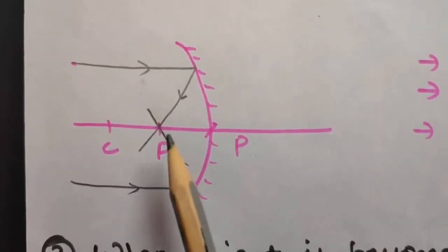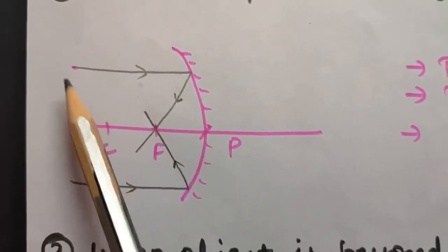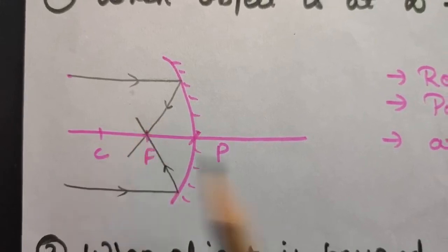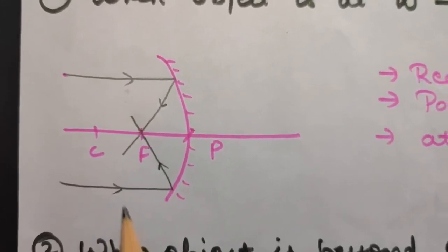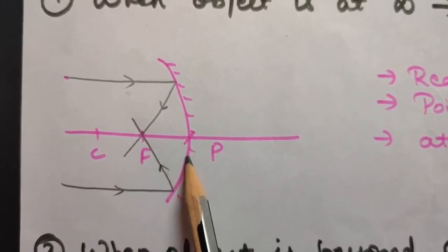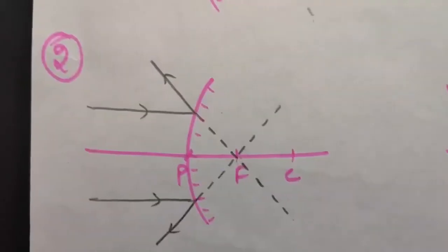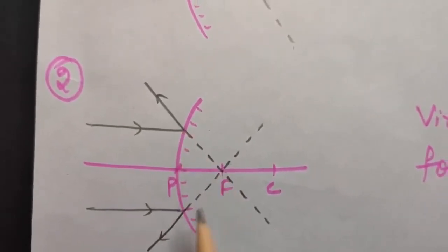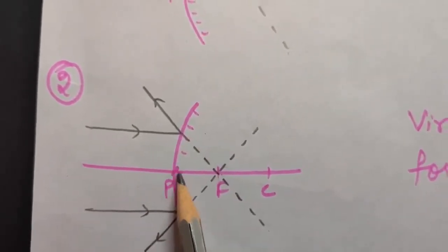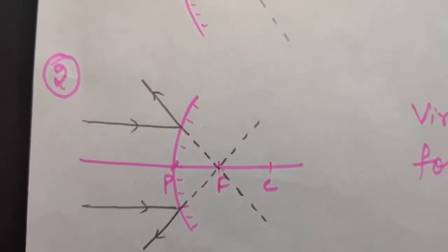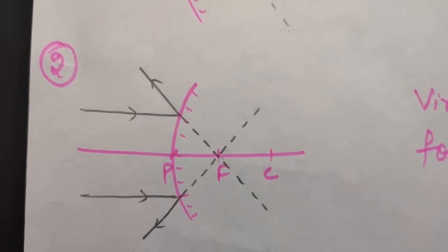In a concave mirror, this is the focal length and this is the direction of incident light, and as I told you, the opposite direction is taken as negative, so this direction will be taken as negative. So the focal length of a concave mirror is always negative. For a convex mirror, the focal length is in the same direction as the incident light, therefore it is positive. So the focal length of a concave mirror is always negative and of a convex mirror is always positive.